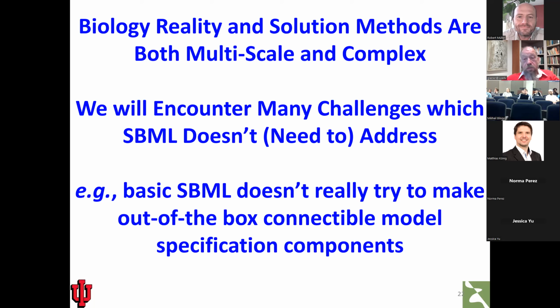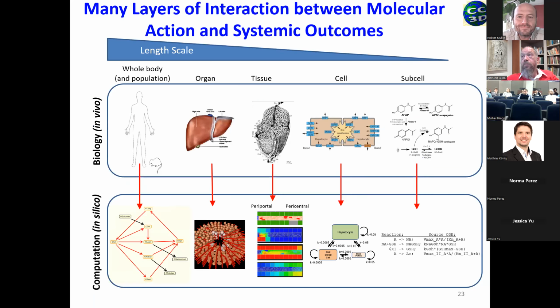If I have two SBML models that involve P53, I can't assume I can go to BioModels, pull out two P53 models, and that they will automatically talk to each other and work together. That's something that's much more challenging to do, but it's what we would like to be able to do in this kind of simulation, basically because we have lots of individual components that we need to be able to interact.